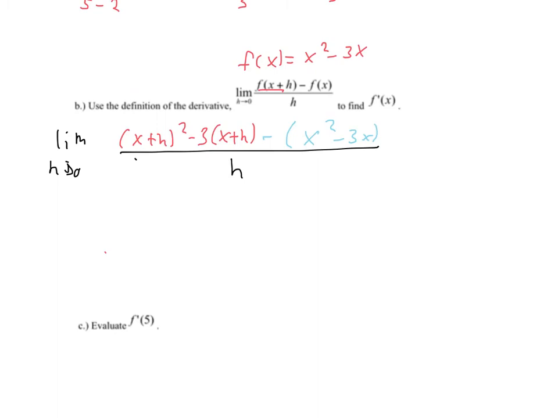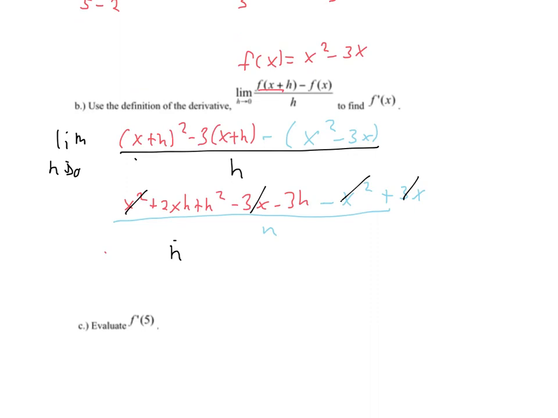So now if we do out some algebra, we get x squared plus 2xh plus h squared minus 3x minus 3h. Distribute through this negative sign, minus x squared plus 3x all over h. Let's cancel out things that we can. And we're left, everything in the numerator now has an h.